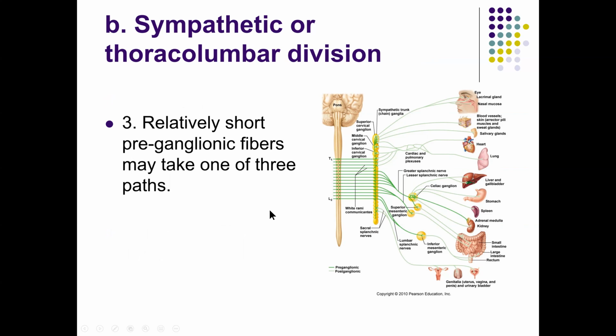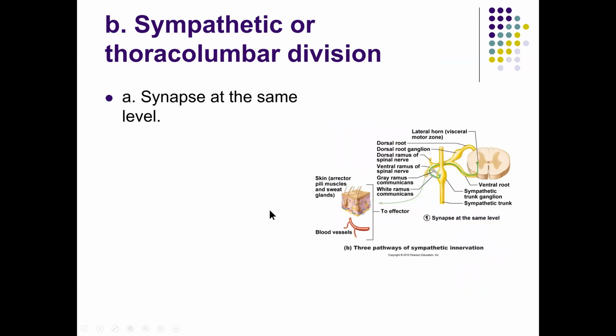Relatively short preganglionic fibers may take 1 to 3 paths. They can synapse at the same level. So they come out of, and now notice that the sympathetic fibers come out of the lateral horn. We had a ventral or anterior horn, we were talking about the gray matter, a lateral horn, and a posterior or dorsal horn. The anterior horn of the gray matter was primarily efferent motor, voluntary muscle.